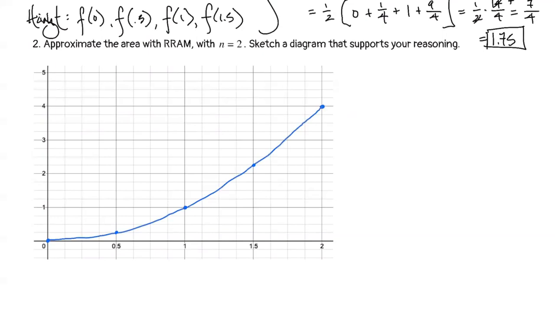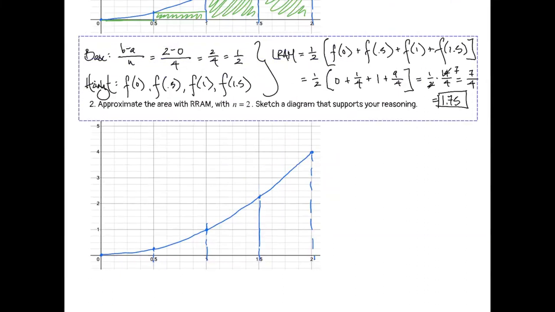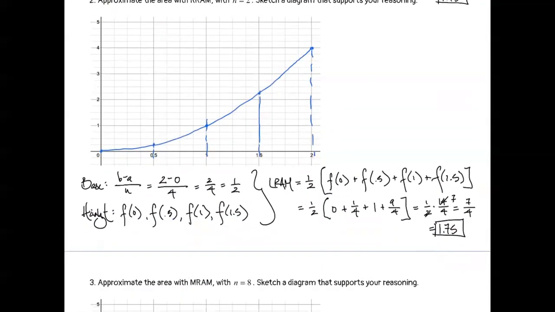I had to hold my breath that time and it went better, so that's good. Okay, so we've cut this into 4 rectangles. The base, that part is not going to change. I'm going to cheat and copy and paste.